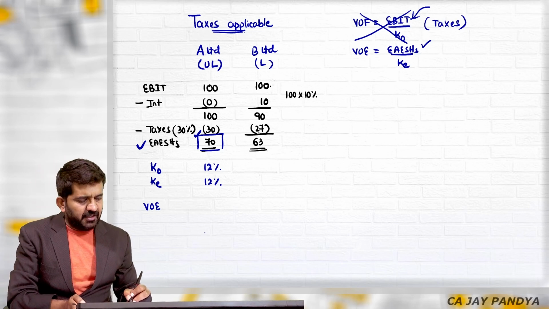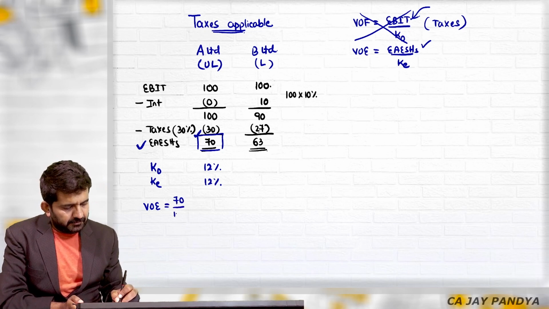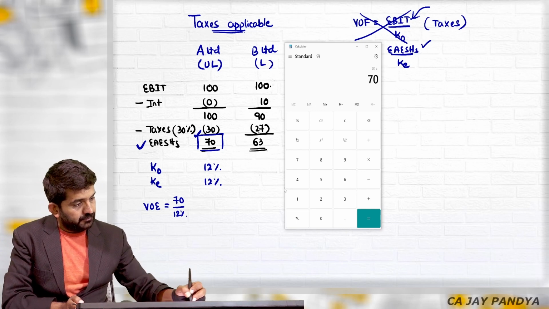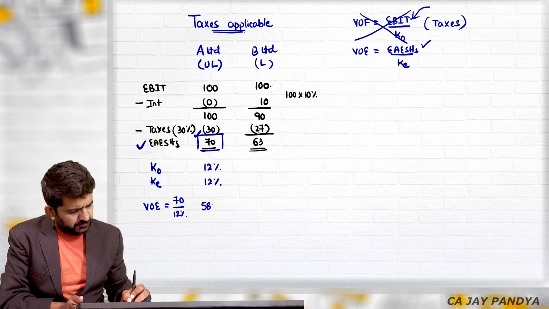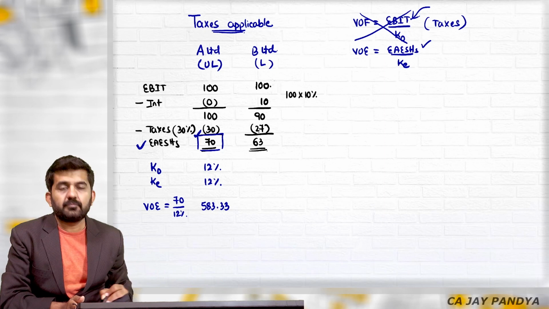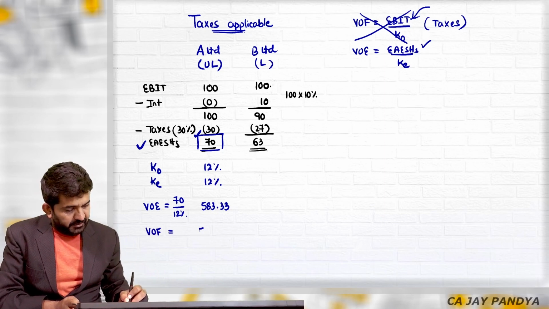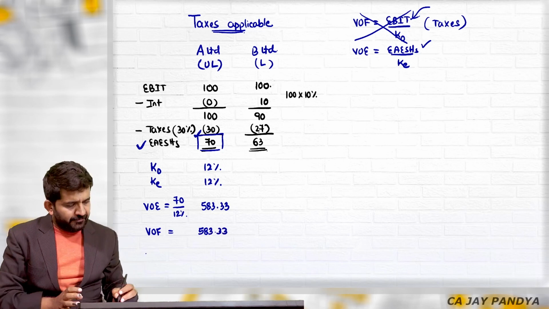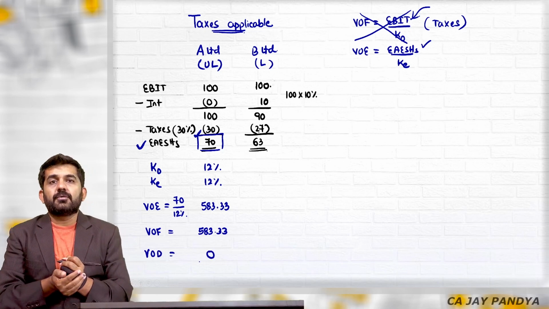Value of equity will be 70 divided by 12%, which is 583.33. So value of the firm is 583.33 because this firm has only equity. Value of debt in this case is 0.